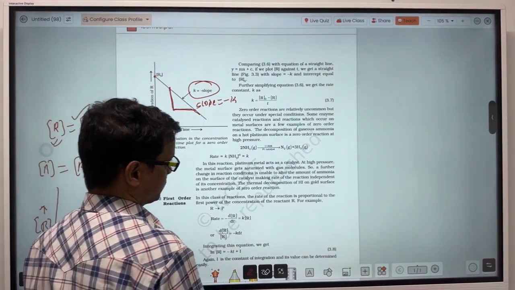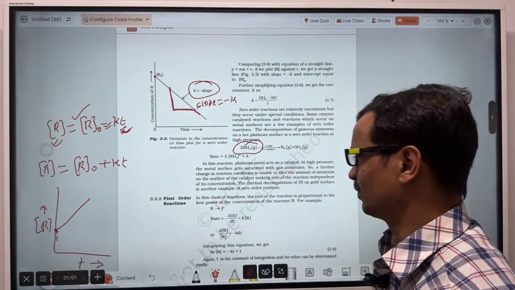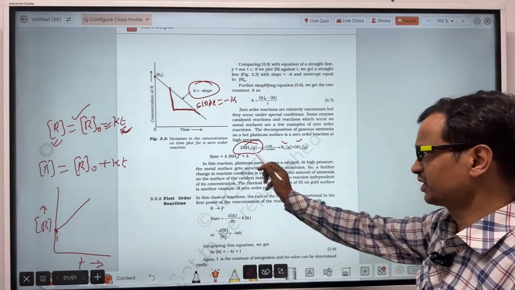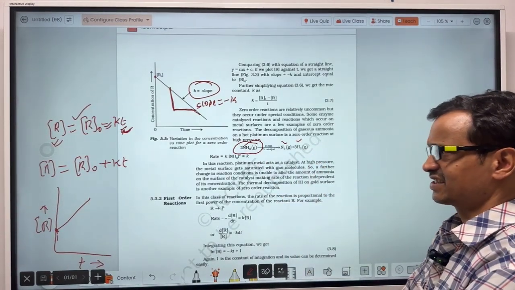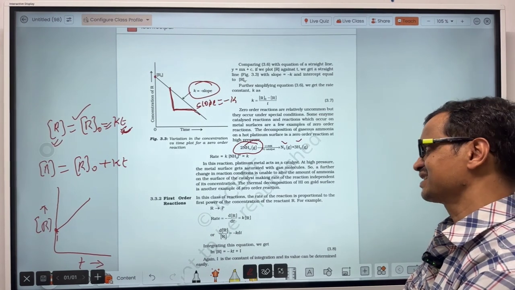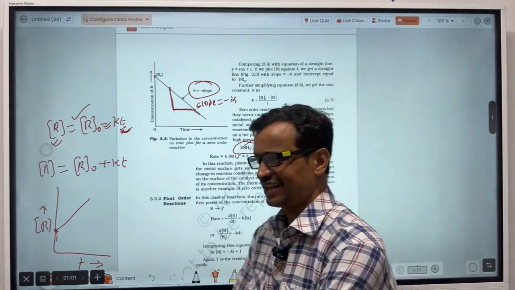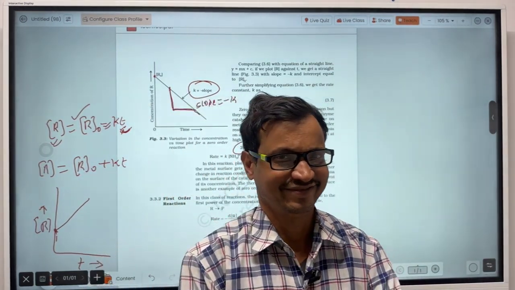Okay. An example of a zero order reaction here is ammonia. The decomposition of ammonia into nitrogen and hydrogen is an example of a zero order reaction, because if you increase the concentration of reactant, that does not mean the rate of reaction will increase.